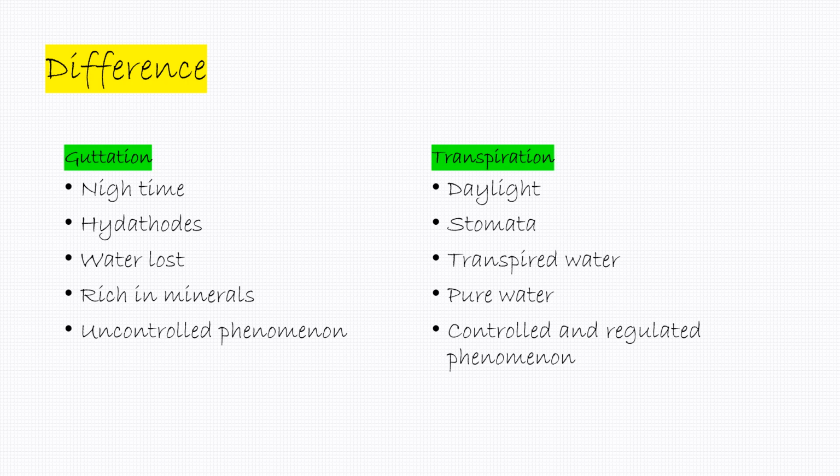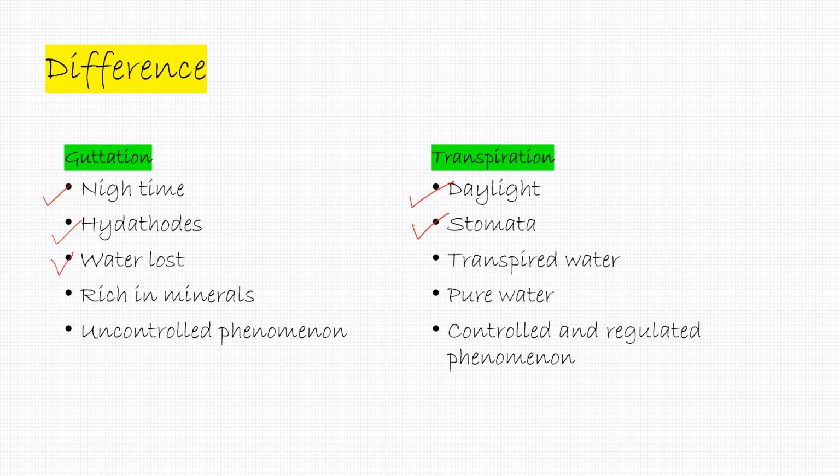Now, let's talk about the difference. Many of you confuse guttation and transpiration. Guttation occurs only at night time. Transpiration occurs only in the daytime. Guttation has hydathodes. Transpiration has stomata. Guttation is the process in which water is lost.